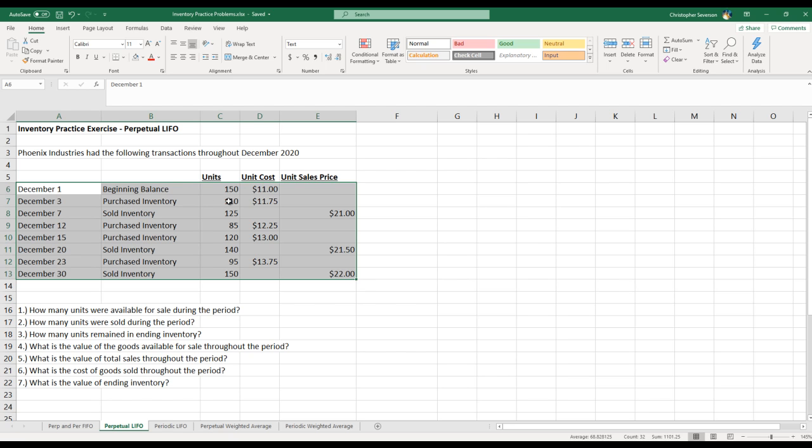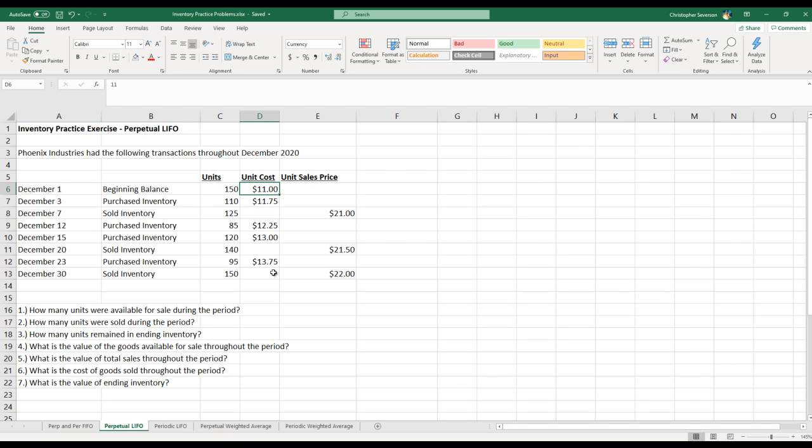One thing I do want to draw your attention to is this is 1 month in time, and you'll notice we have the unit costs for any purchases and then the sales price for any actual sales. So you have to keep those separate. They're two different things. But notice the purchase prices, there's a pretty drastic increase throughout 1 month.